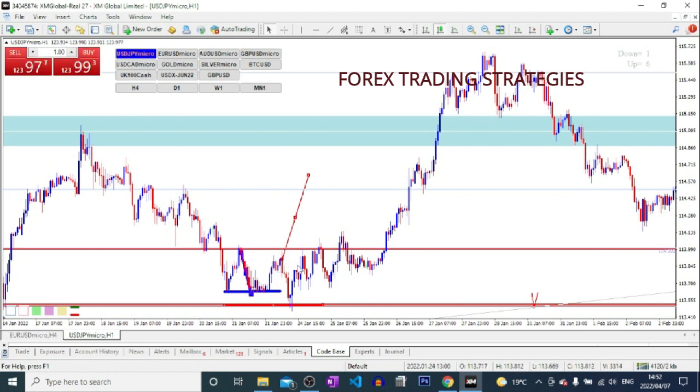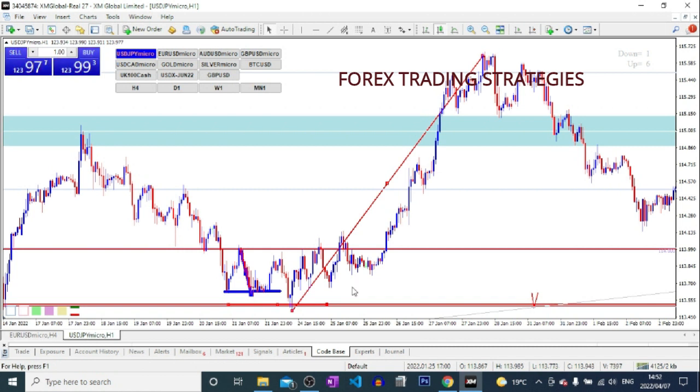They danced around there and took it down and took out all the stop losses that are in this region, before bringing the prices up, and it then continued going up.